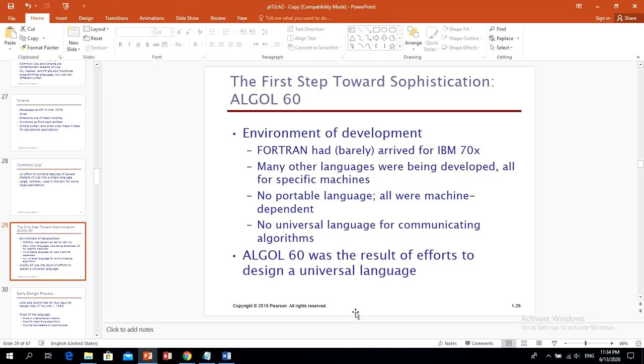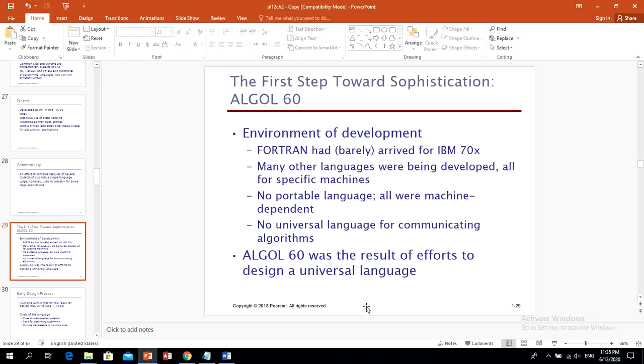They were all machine dependent, so you could not install a language that had been created for the IBM 704 on a different computer. In other words, all languages were created as machine dependent. They depend on the machine that they were created for. So there was no universal language for communicating algorithms. ALGOL 60 was the result of an effort to design a universal language.